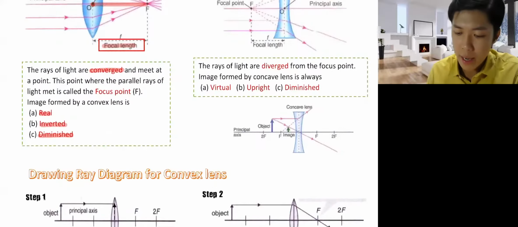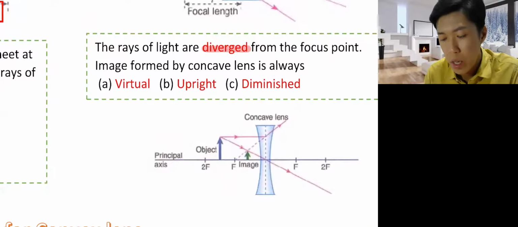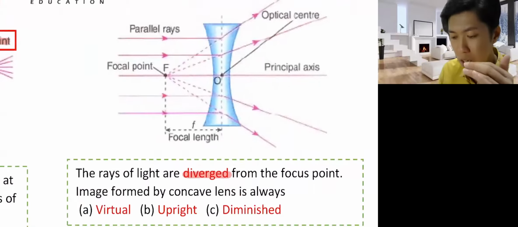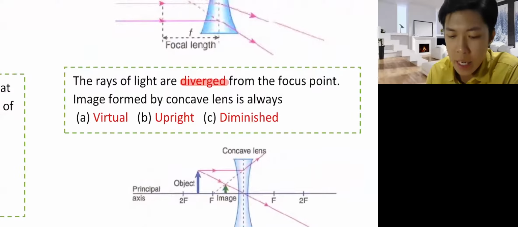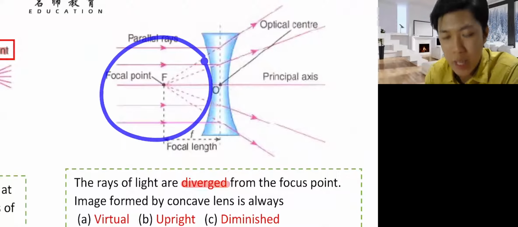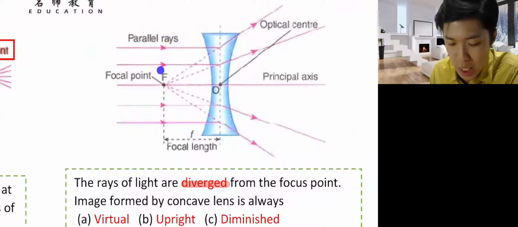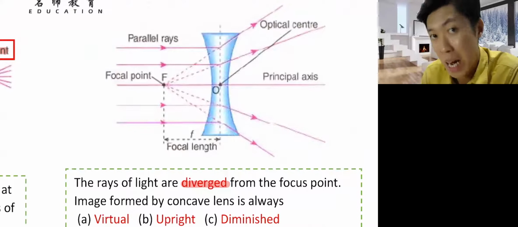Okay, all right, next. Concave lens will diverge light rays. Diverge means open up. This is called diverge. And the image will actually form on the left side, or I would say behind the lens. So you see your focal point is here, your optical center is here, your focal length is actually behind already.